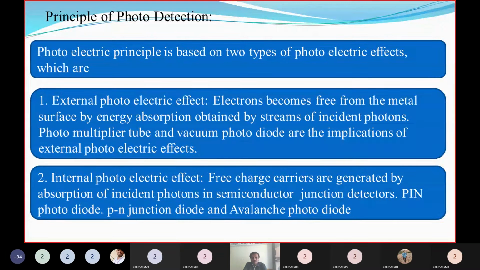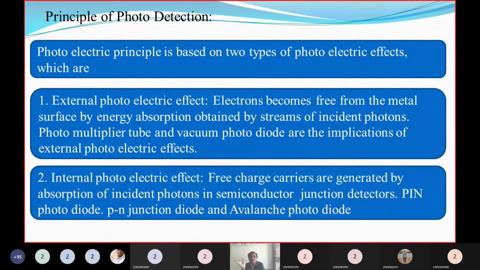See here, electrons will become free from the metal surface by energy absorption obtained from the stream of incident photons. If you observe this definition, if any photon is incident on the metal surface, what happens? The electron will become free from that metal surface.